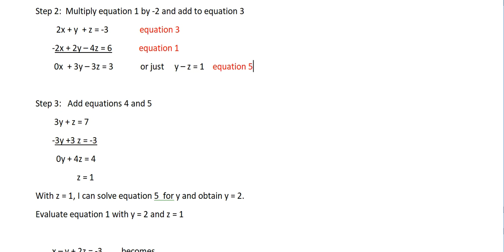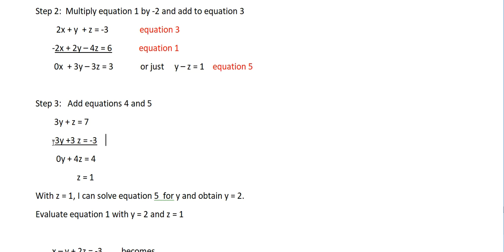Now, we can just simply add equations 4 and 5. So 3y plus z equals 7. We're going to add that to minus 3y plus 3z equals minus 3. Now you can see why I reverted back to the version of equation 5 with the multiples of 3, because even though you can reduce it, it was just more convenient to be able to add those together.